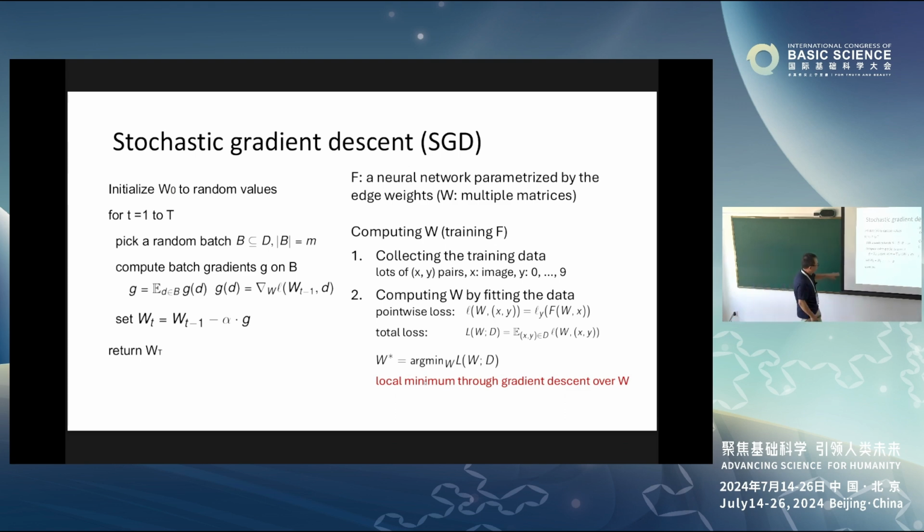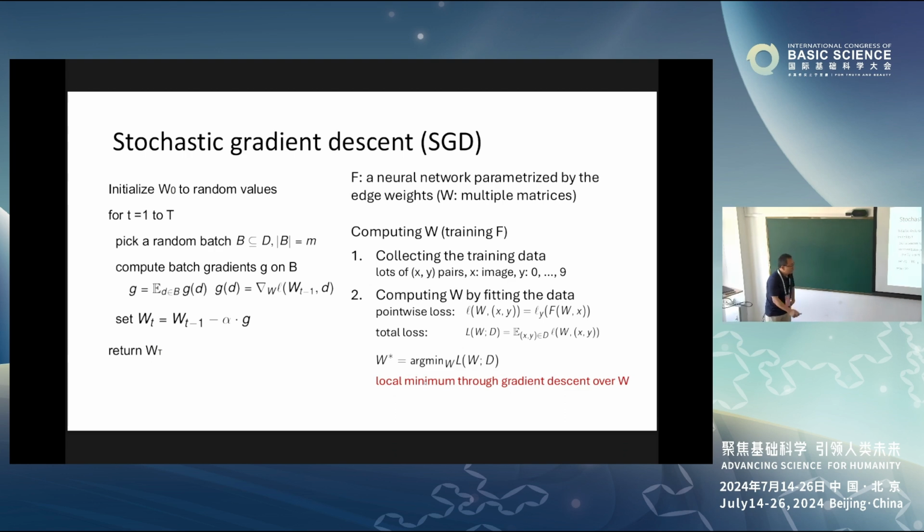Once you've done that, you take a small step down the gradient direction. You do this T times, then you return w_T, or stop when the loss is small enough. Of course, there are all kinds of variants. You can do some pseudo second order things, but that's the basic idea.